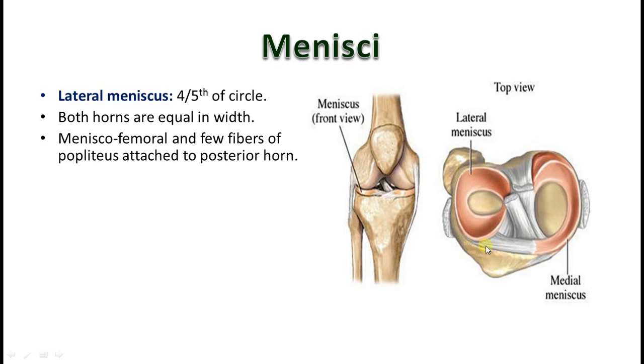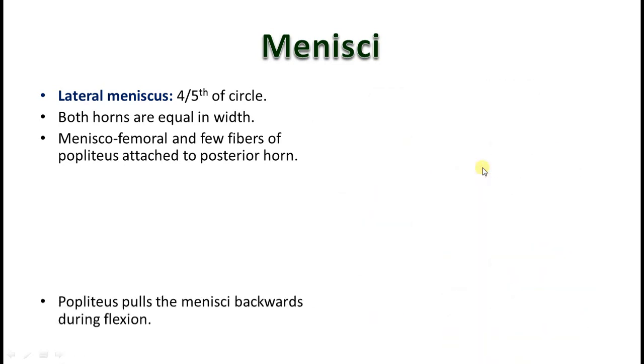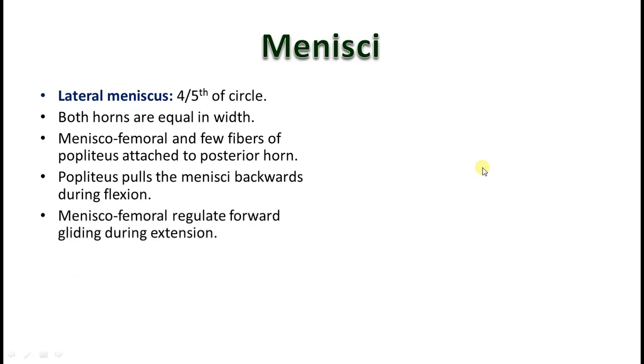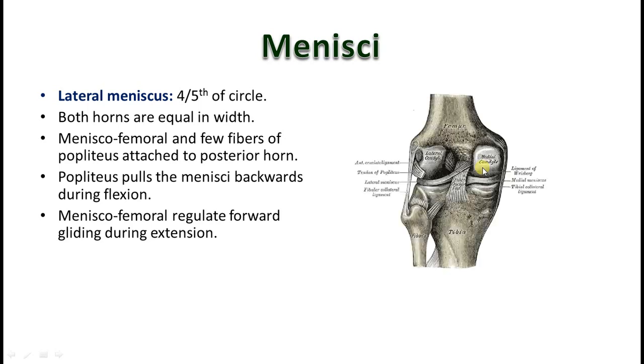This is your transverse ligament, and posteriorly you can see the meniscofemoral ligament. The popliteus pulls the menisci backward during flexion, and the meniscofemoral ligaments regulate the forward gliding of the lateral meniscus during extension.